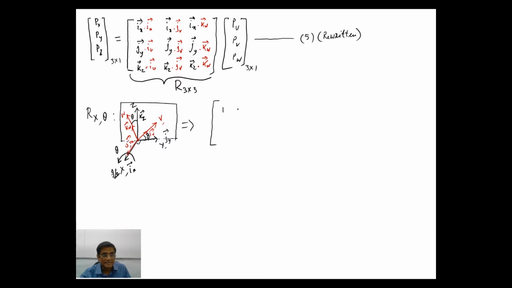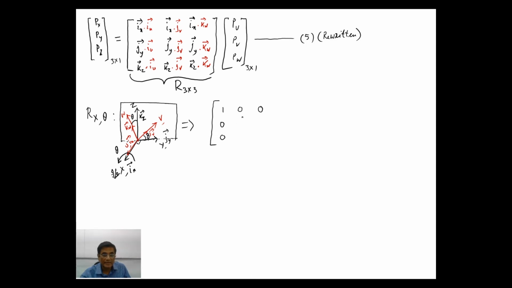Then ix dot jv, as I told, since they are 90 degree, this will be 0. Similarly, this will be 0. By the same reason, this will be 0. And by the same reason, kz dot iu also will be 0.